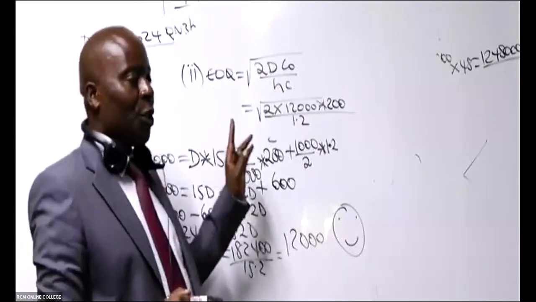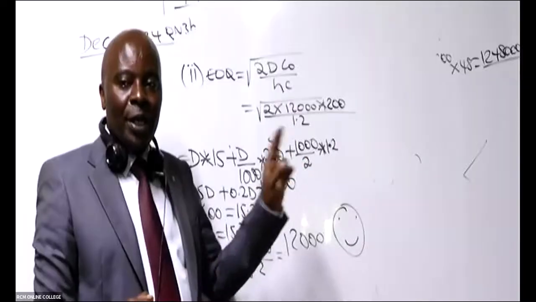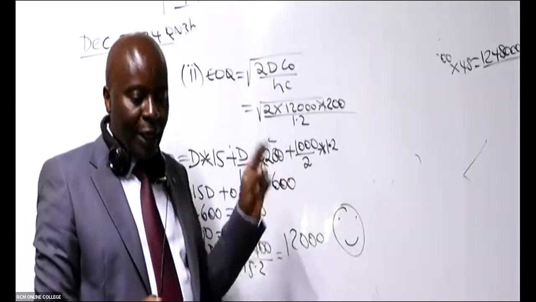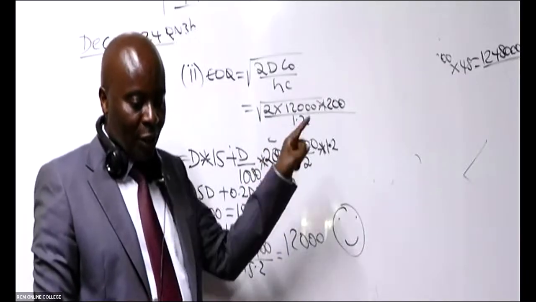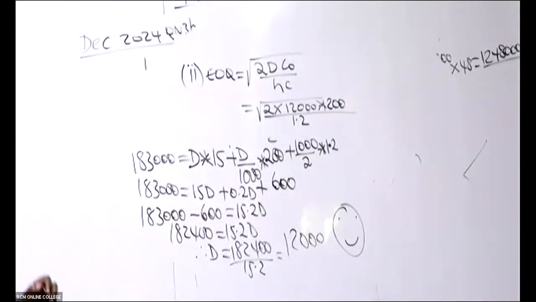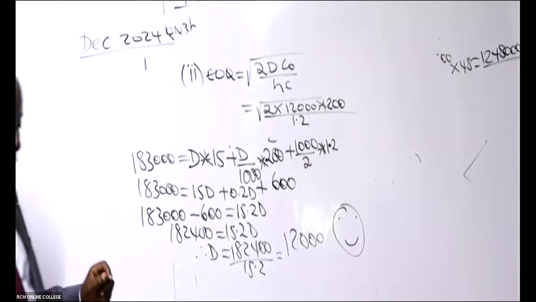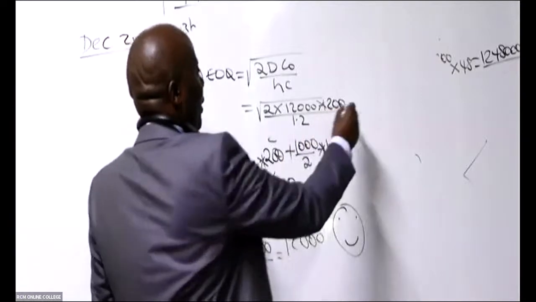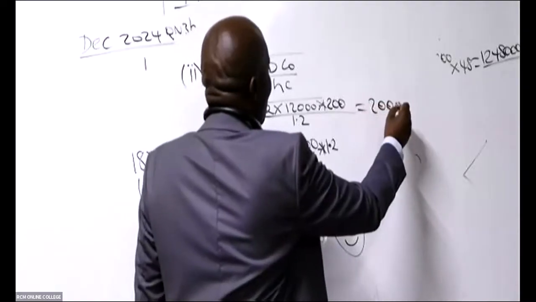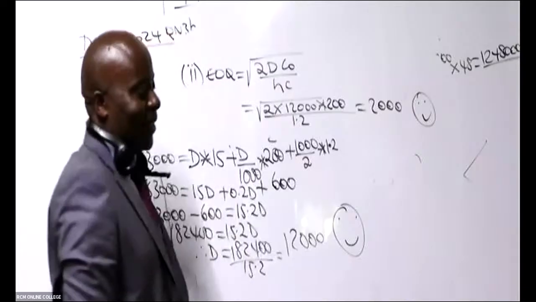We shall say 2 times 12,000 times 200. Whatever we get, we divide by 1.2. And then at the end of the day, we take the square root, which will end up giving us what figure? 4 million. And then the square root will end up giving us 2,000. Great. So far, we are all smiles.